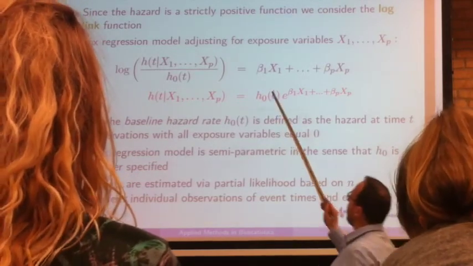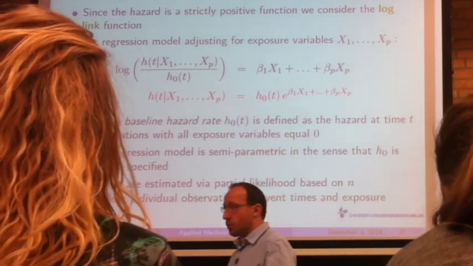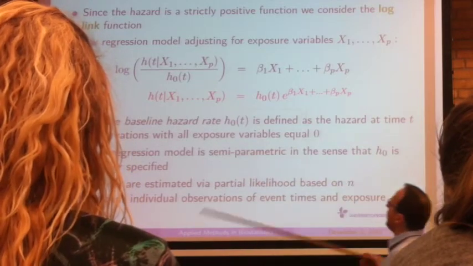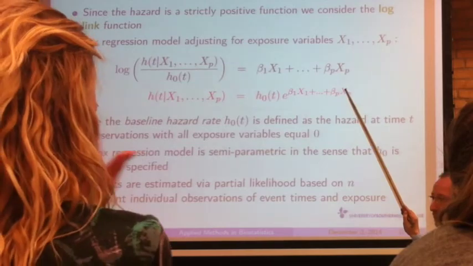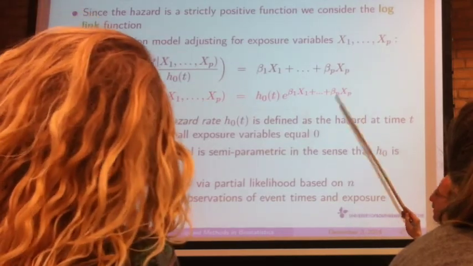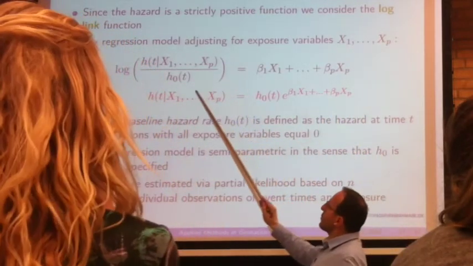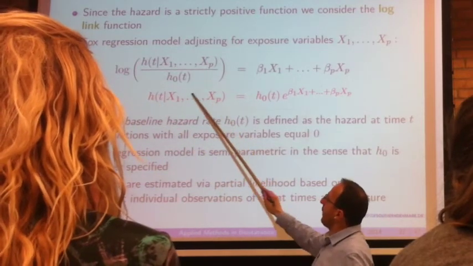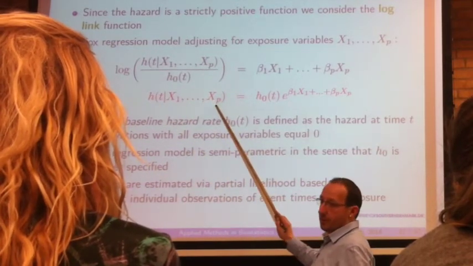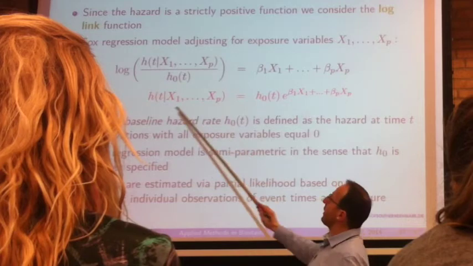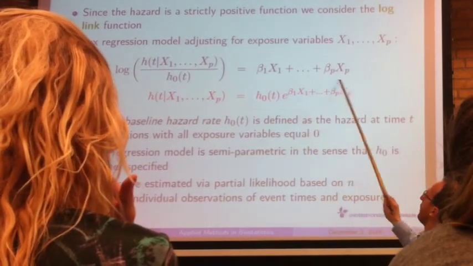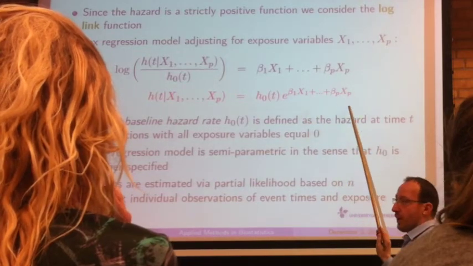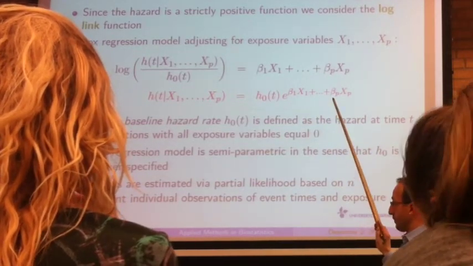So baseline hazard is the hazard for a chosen reference subject, or nothing else than the hazard if the exposure variables are all 0. So Cox regression tries to model this hazard function, dependent on the exposure variables and the time, as the product of the baseline hazard and the exponentiation of this linear combination of the exposure variables.